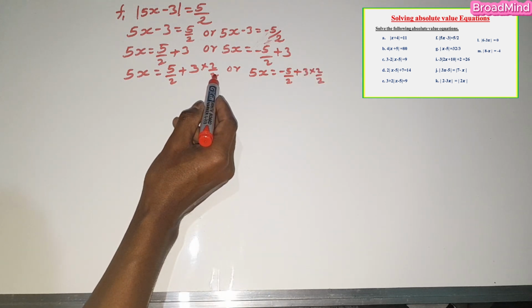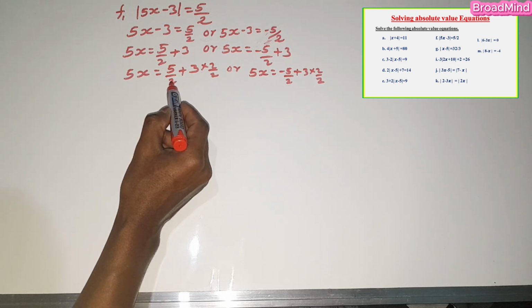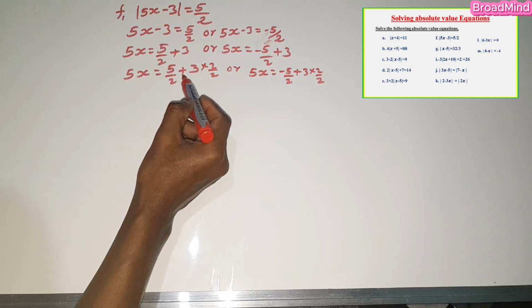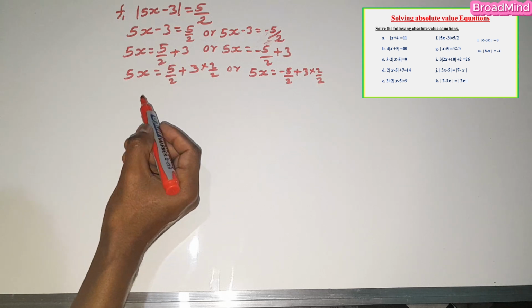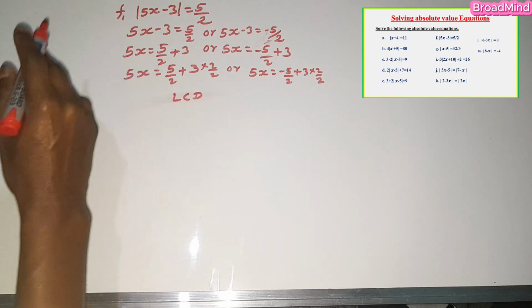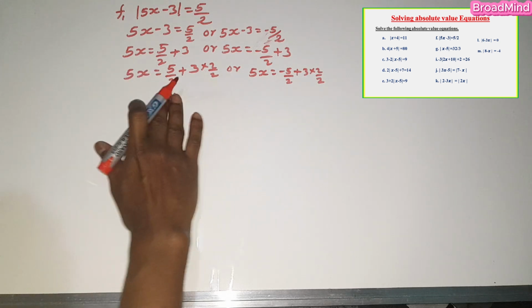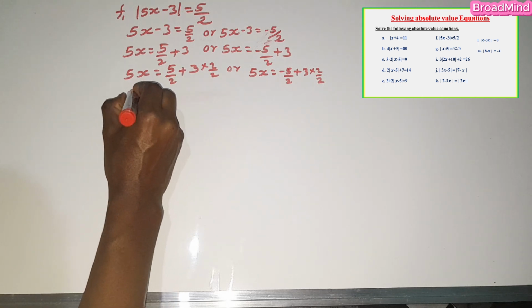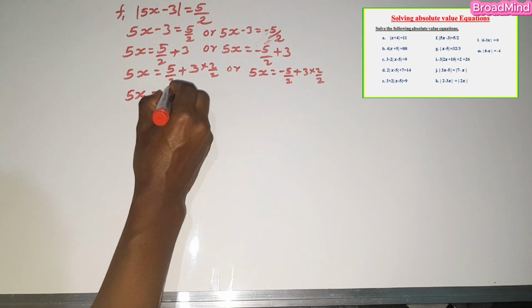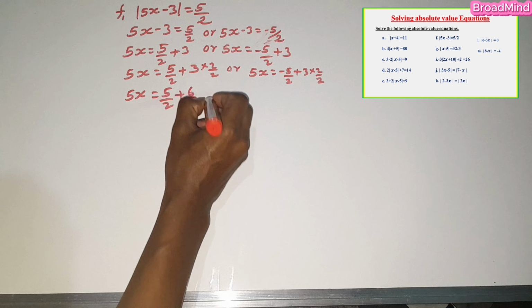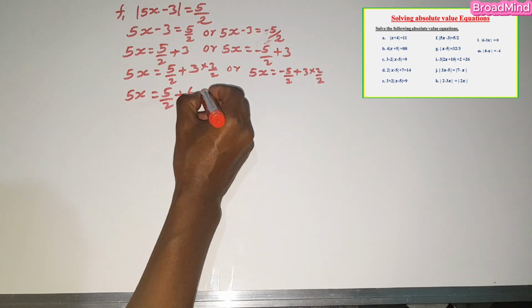I took this 2 from the denominator of the first fraction, because to add fractions we have to make them have an equal denominator. Or you can use the LCD method, lowest common denominator, as we discussed in the previous video, but this is the simplest way. Now 5x is equal to 5 over 2, 3 multiplied by 2, 6 over 2. Now they have equal denominators, so it is possible to add.